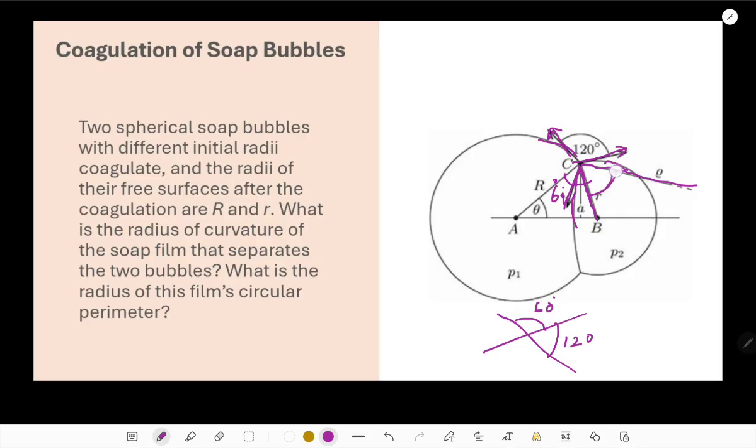This angle cannot be 120 degree because this angle is 120 degree. That means this angle is 60 degree. So this angle will also be equal to 60 degree. And like this, you can think about it. Though I don't have to do this much calculation because it isn't required in the first part of the solution.